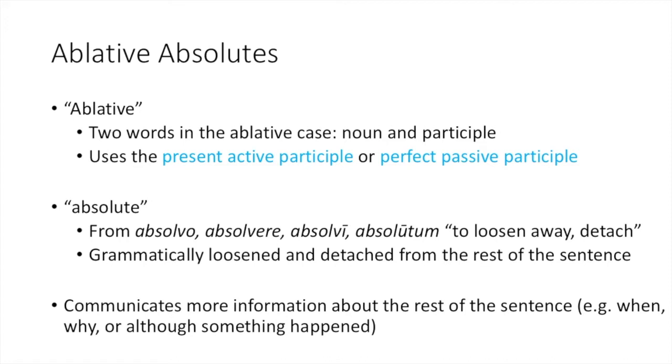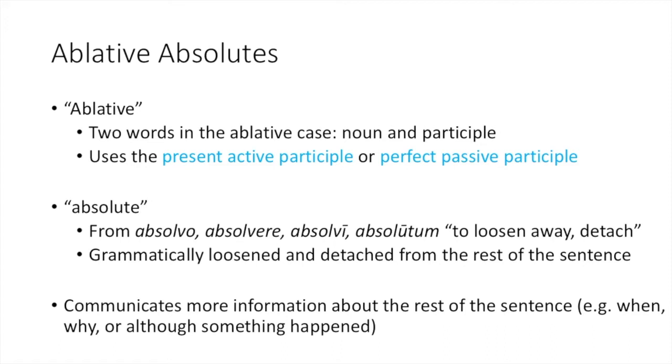And again, sometimes it might be the future active participle, but the present active and perfect passive are your very most common participles for the ablative absolute. So you recognize it because it has an ablative noun and an ablative participle that modify each other.